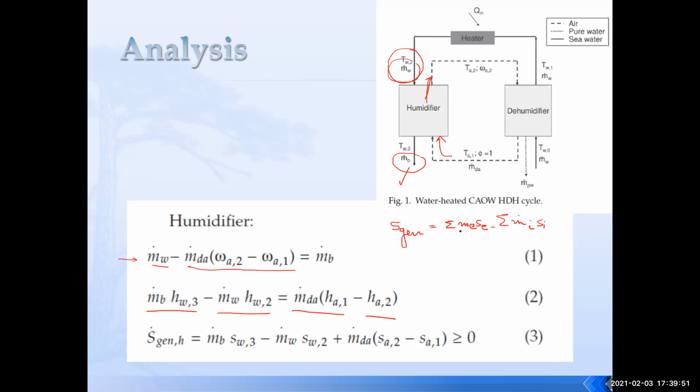And sigma, because we have two components in and two components out. If you go to the dehumidifier, we have two components in and three components out. That's why we have the sigma or the summation here. Definitely we assume that the units are not exchanging heat with the surroundings, so the issue of dQ over T is equal to 0 because there's no heat transfer to the surroundings. And that makes the third equation, the entropy equation, the second law equation here.